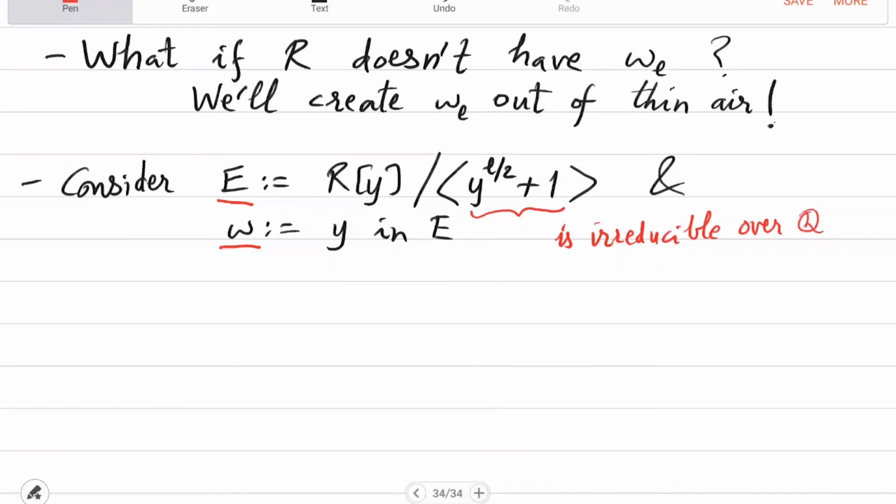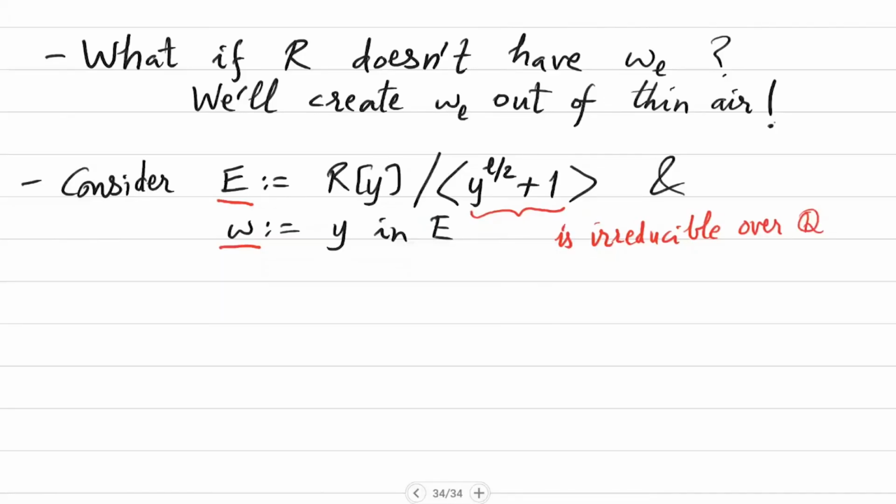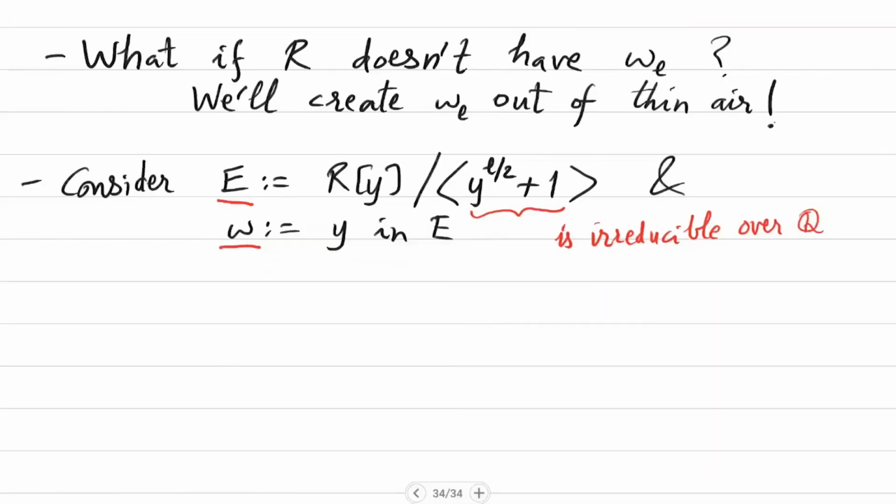This also I leave as an exercise. We'll build on this in the next class. Irreducible over R, we should say. But R is a ring, so there probably that also you can show, as long as the characteristic of R is odd, it should be true. Those are side observations, you can prove them as exercise. It's very important in what we are going to do in the next class.